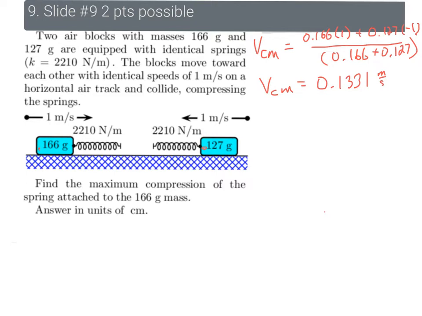So let me change color. So v1 cm is going to be equal to v1 minus vcm.